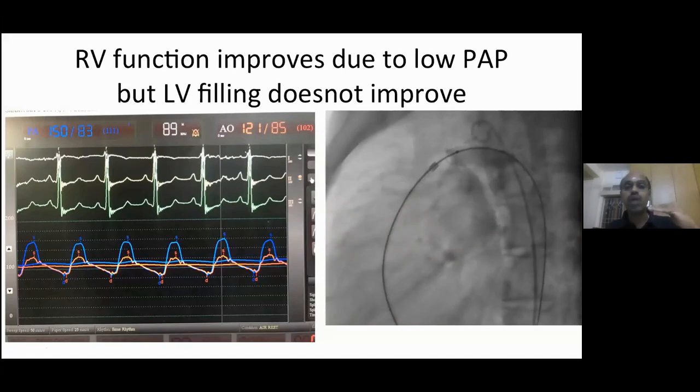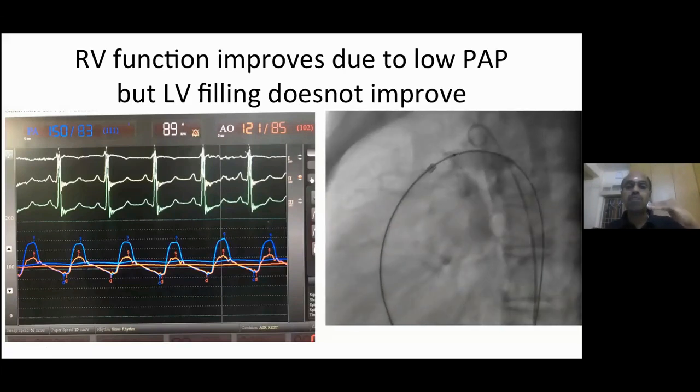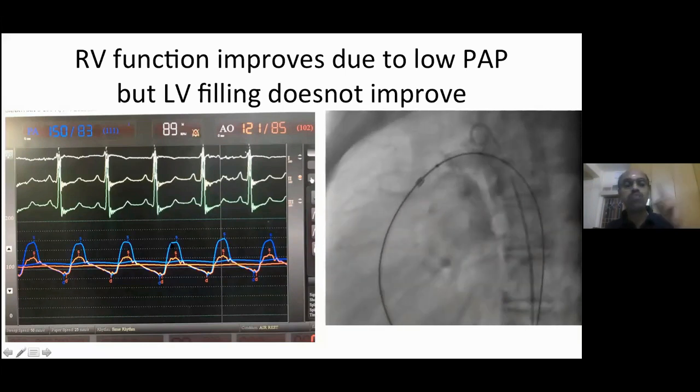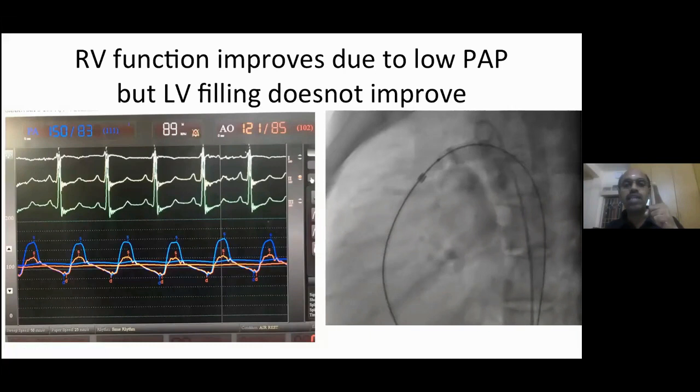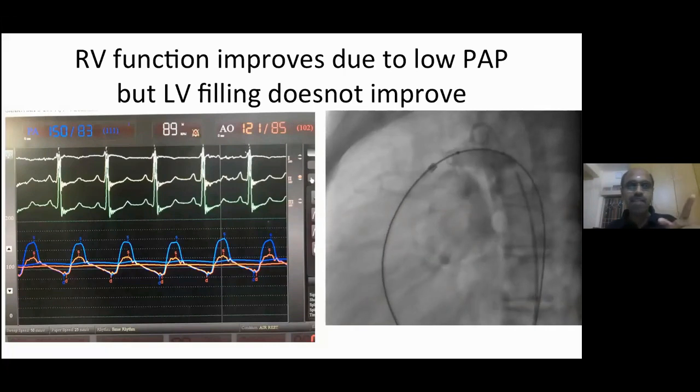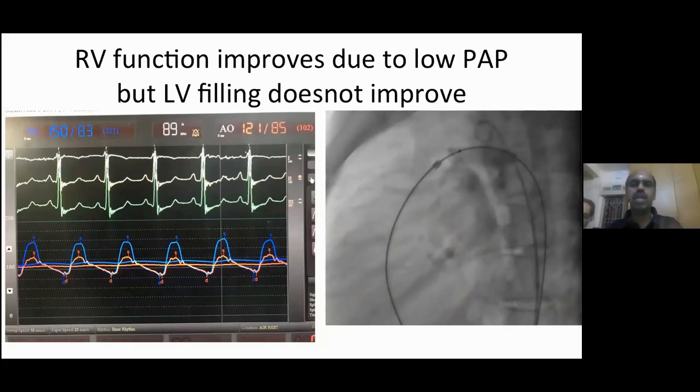The reason why the aortic systolic pressure is much higher is because of higher LV stroke volume. In post-Potts shunt, LV stroke volume is still low. LV is still underfilled. LV stroke volume being low results in LV systolic pressure being low and aortic systolic pressure being low.